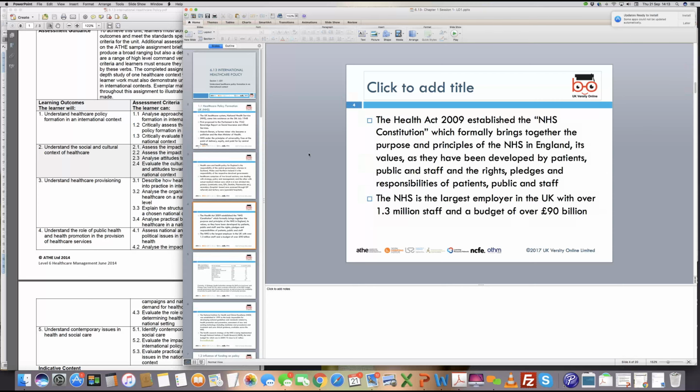Now, over the years, the NHS has undergone a lot of change. There have been lots of changes which keep happening within the NHS. But in 2009, the Labour government, or rather Parliament, approved an act called the Healthcare Act of 2009. What it did was establish an NHS Constitution, because the NHS is a unique healthcare service anywhere in the world.